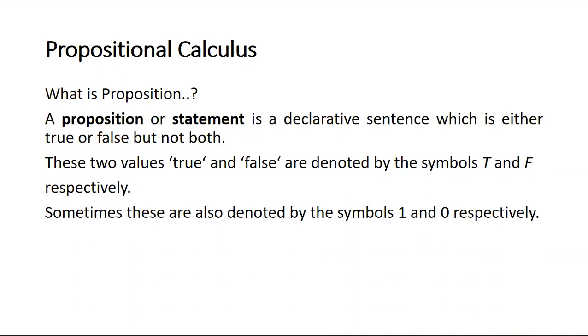Sometimes these are also denoted by the symbols 1 and 0 respectively, so 1 is for true and 0 is for false. So you got a clear understanding of what a proposition is: a statement that has a true or false value. Those statements only we are going to consider as propositions.